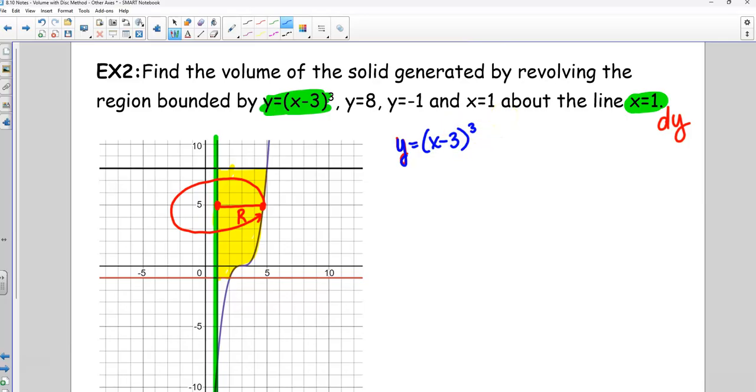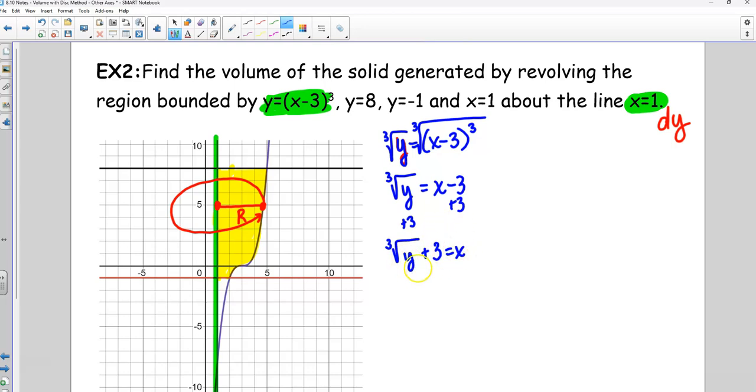Marley, what would I do to solve that for the x? Cube root. Beautiful. So we'll get cube root of y equals x minus 3. And then what would I do? Add that 3.